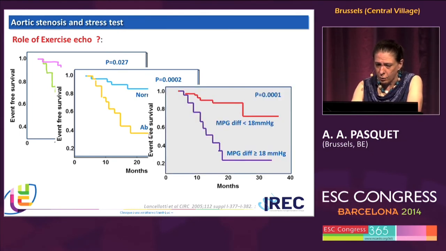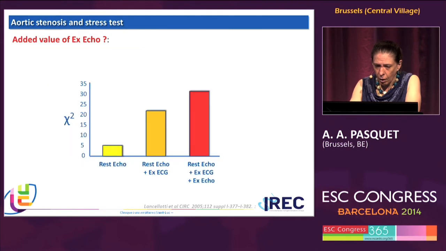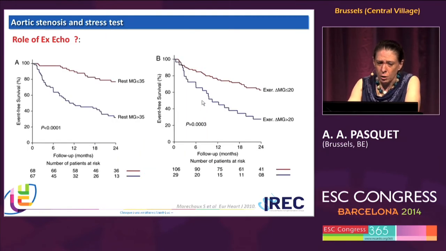And if I put the echo data on top of that, you will see that if your mean pressure gradient difference is below 18, your prognosis is good. But on the opposite, if it's greater than 18, your prognosis will be quite poor. In fact, this echo value adds some additional value if you try to predict the outcome of your patient. And this was confirmed by another study by Sylvestre Maréchaux, published in 2010.